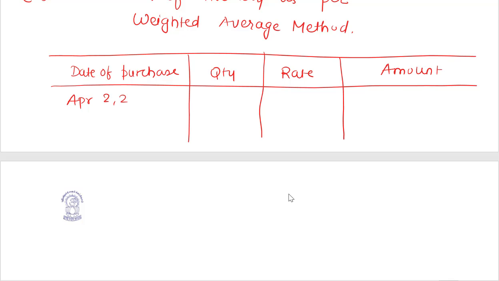Quantity is 800 units, rate is 62. 800 multiplied by 62 is 49,600. Let us continue.